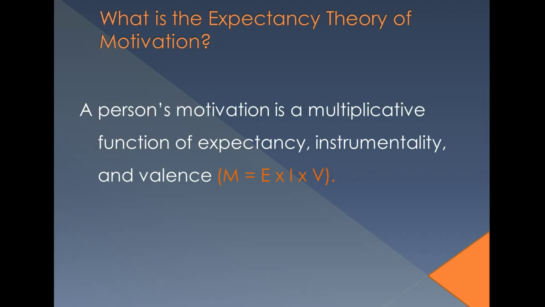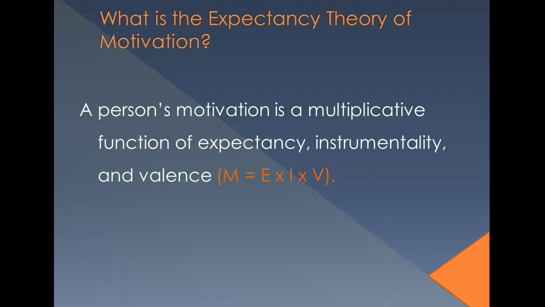And valence is the value attached by the individual to various work outcomes on a scale of -1, very undesirable, to +1, very desirable. So if you could actually rate a situation with these numbers and multiply them in the formula, you get a result.